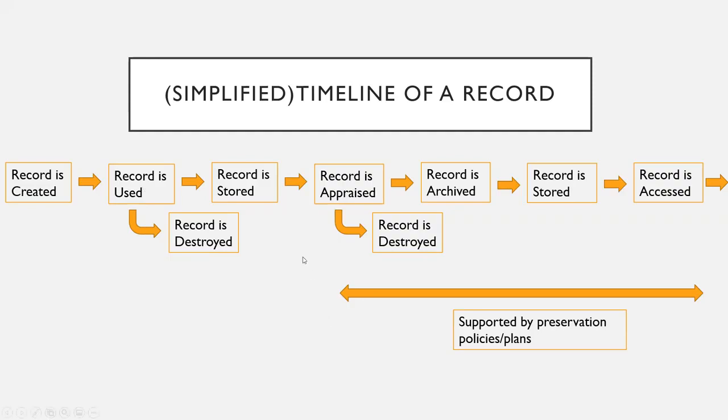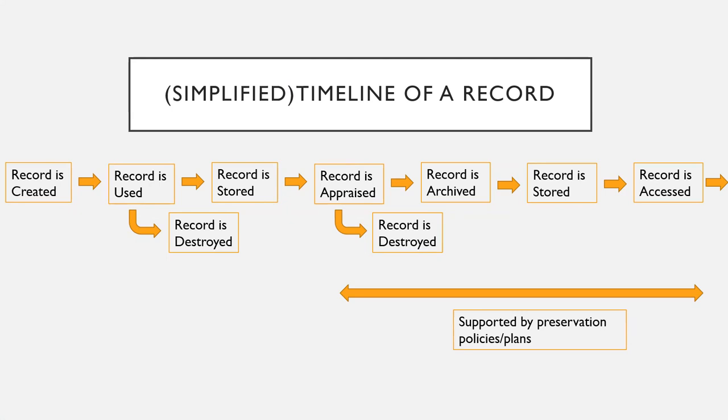Okay, and so after a certain amount of time, the records may be appraised by archives, and the archive may decide to destroy the records. They may decide that we don't want to bring these into our repository, so we are going to destroy them.